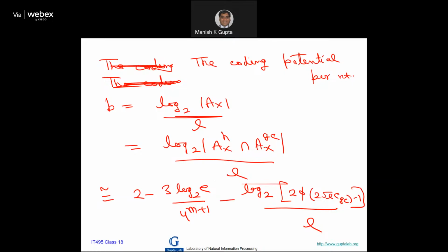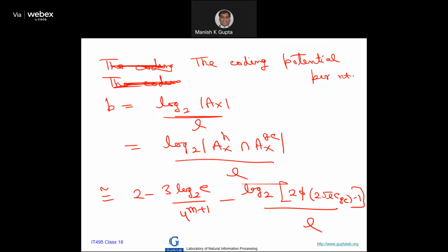If you want, you can do that anyway. So now I have this formula for coding potential. By choosing M, CGC, and L, I can compute this coding potential.